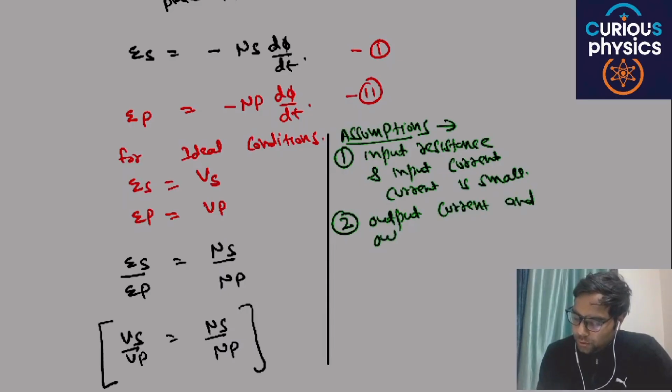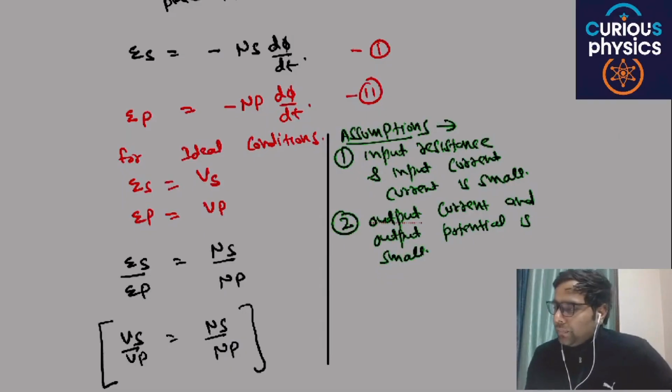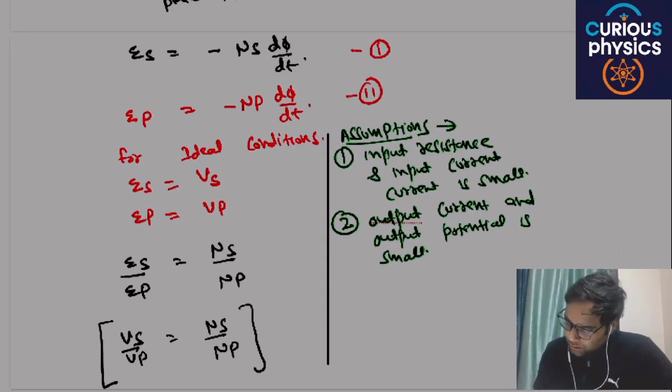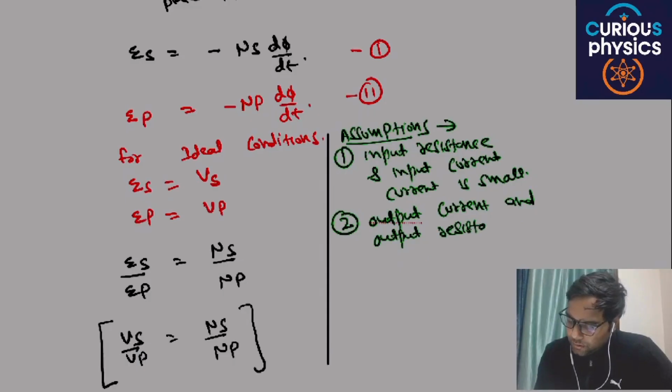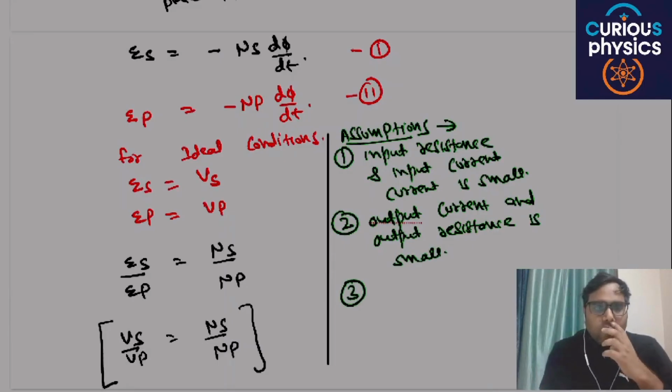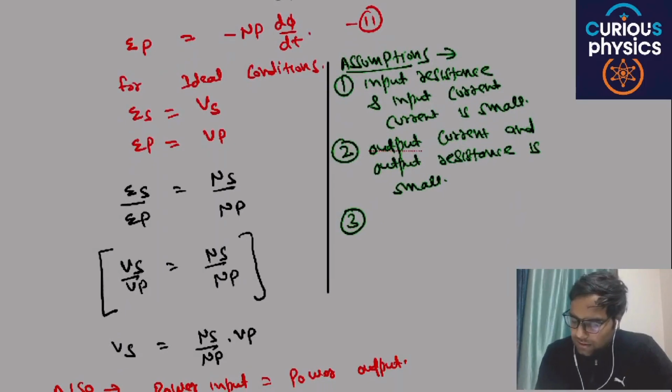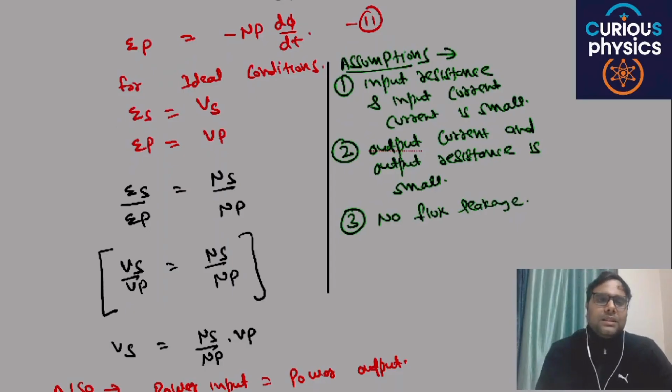Not output potential, you can say output resistance is small, and there will be no flux leakage. These are the basic assumptions for an ideal transformer.